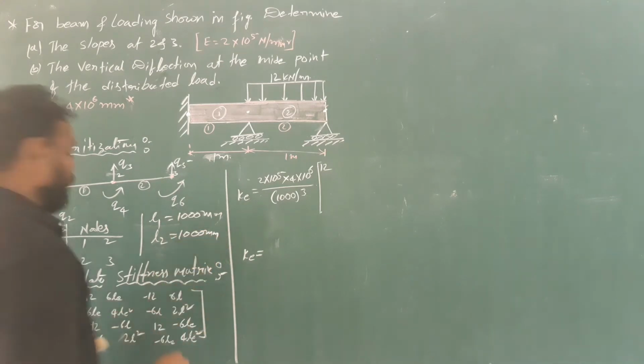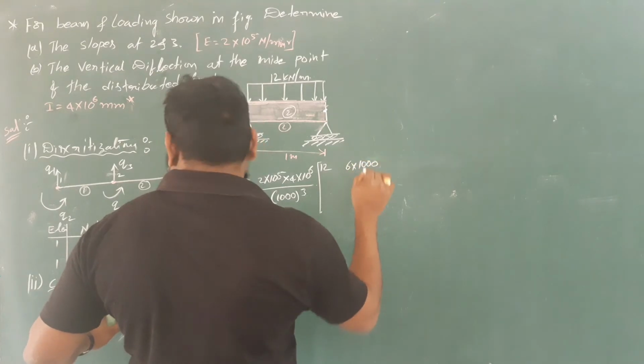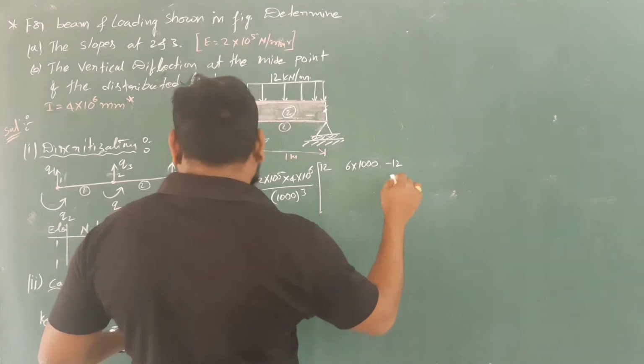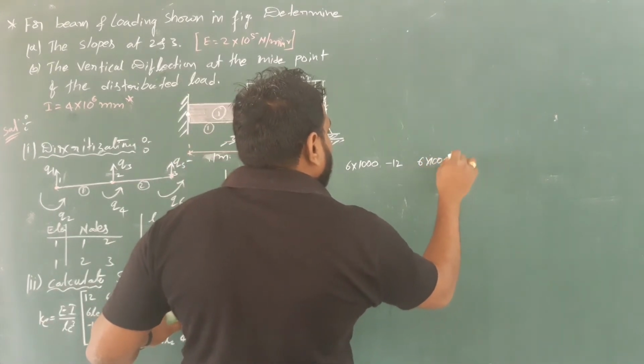So substitute here 6 into 1000 and minus 12, 6 into 1000.